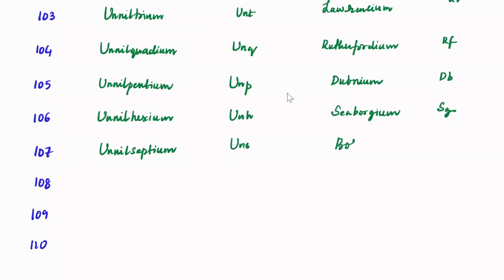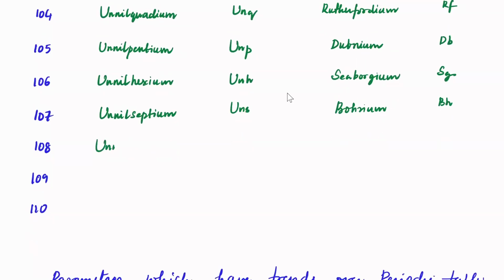This was Bohrium, named after Bohr. Then 108 is Unniloctium, which is UNO, and this is Hassium, which is HS.